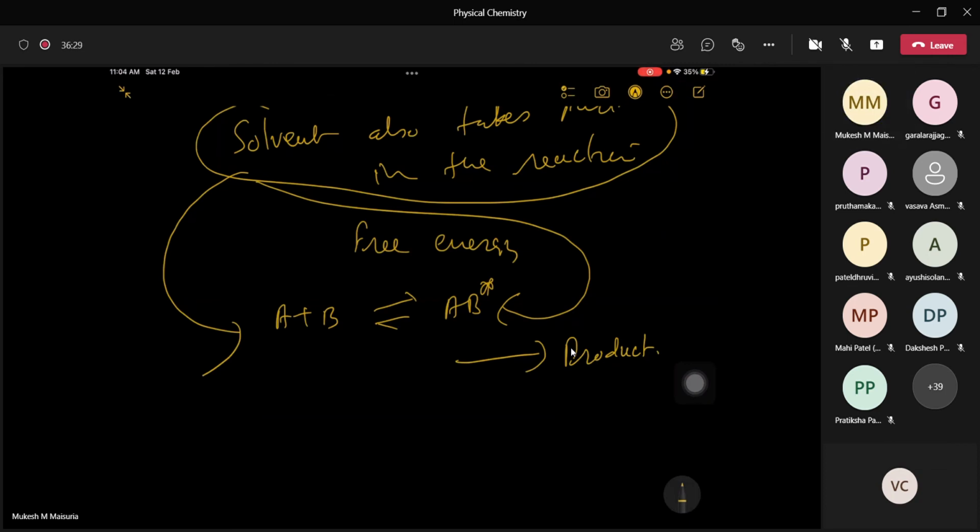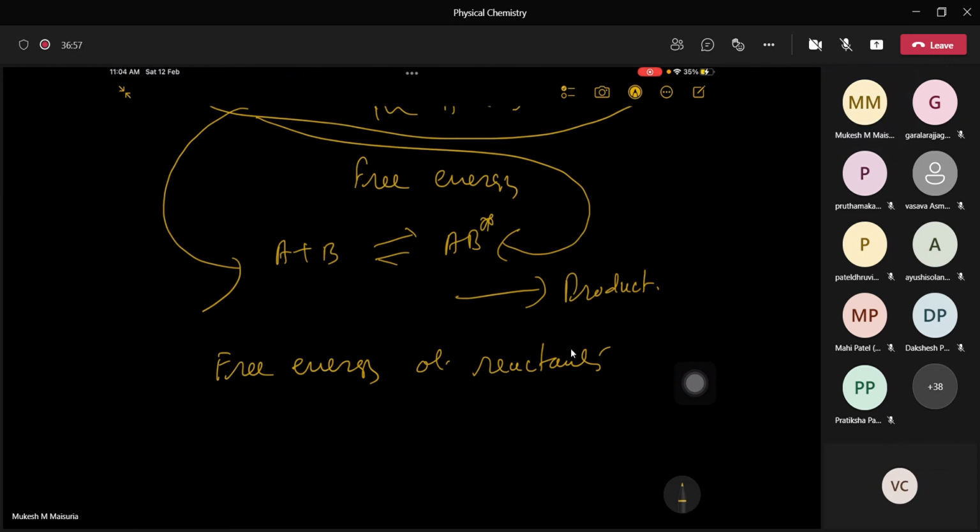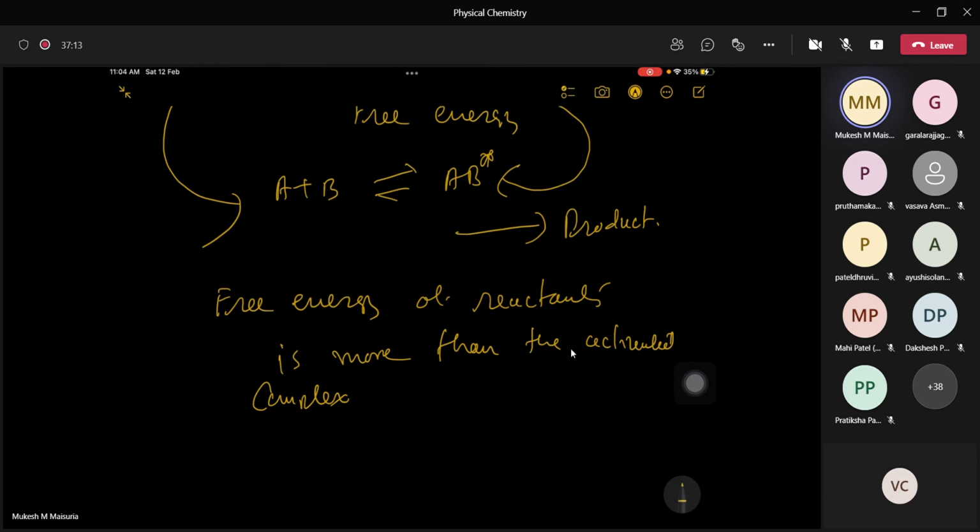Suppose we consider that the free energy of the reactants is more than the activated complex.